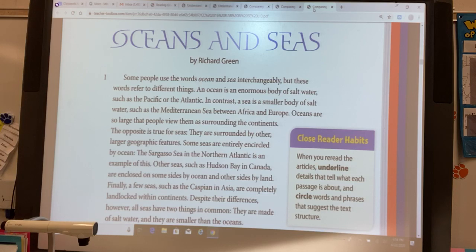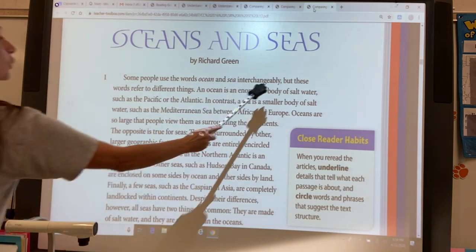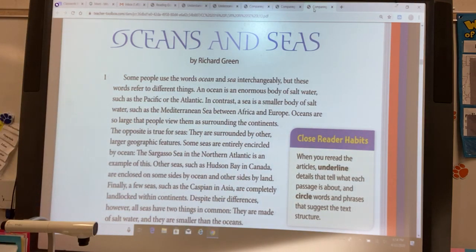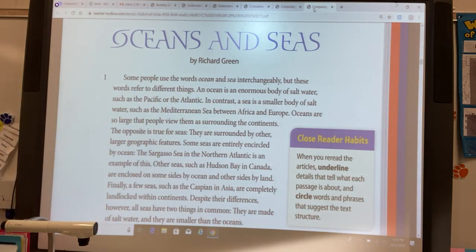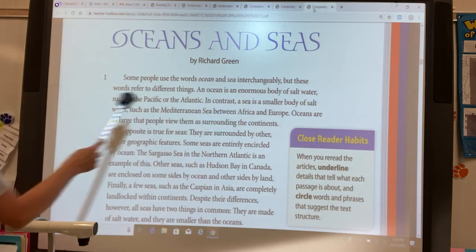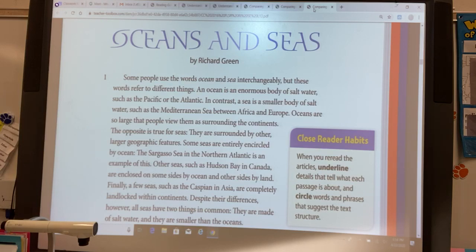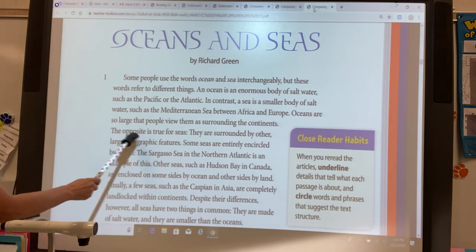Did you find the clues? You probably found the clue word but, also different. Another one is in contrast. And then it says the opposite.